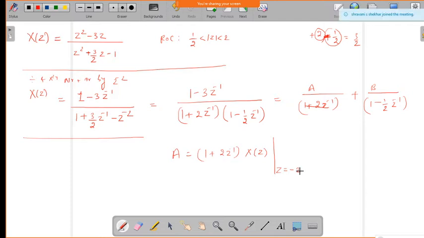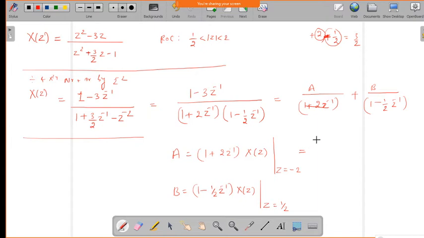And b equals 1 minus half into z inverse into X of z, evaluated at z equal to half. Now do this and find the values of a and b.